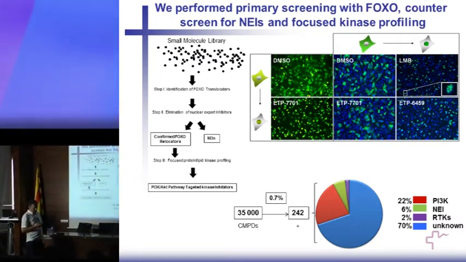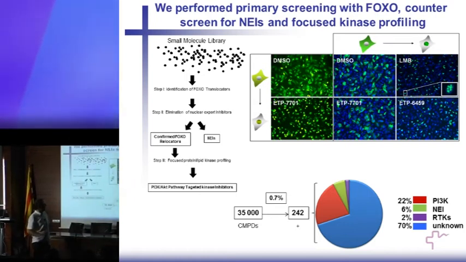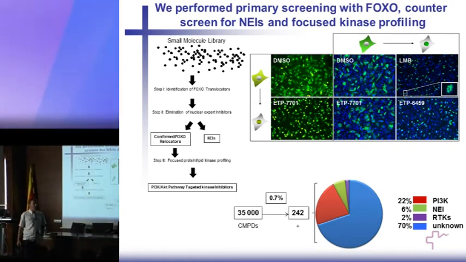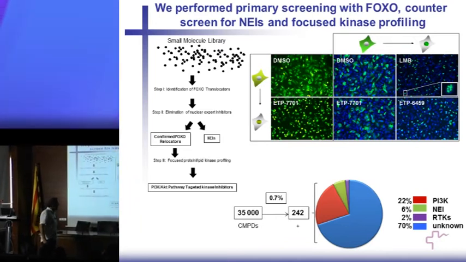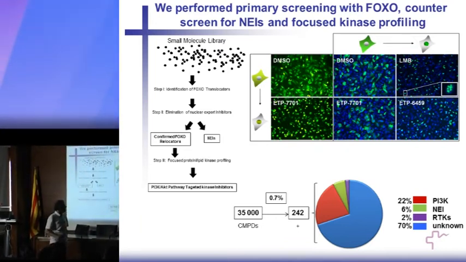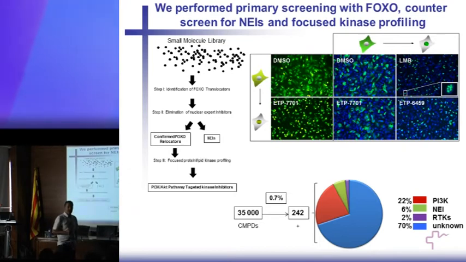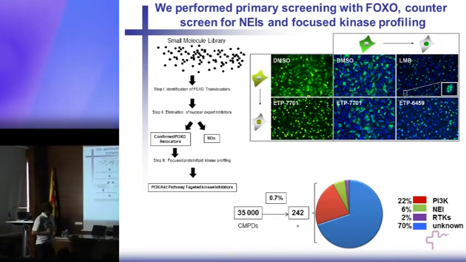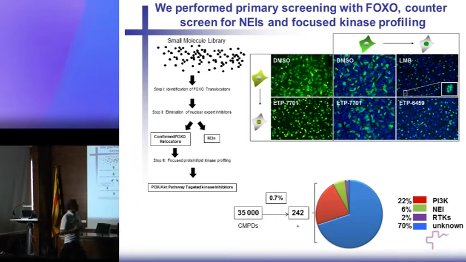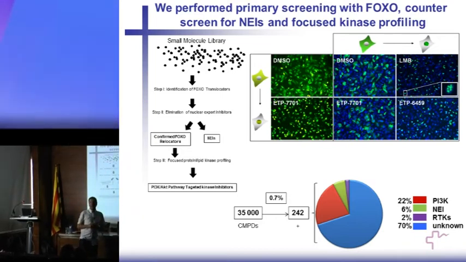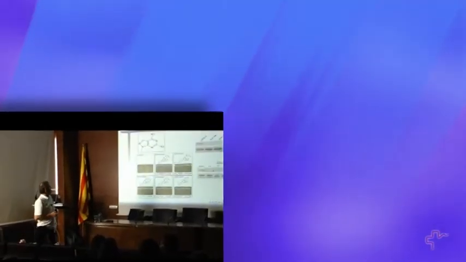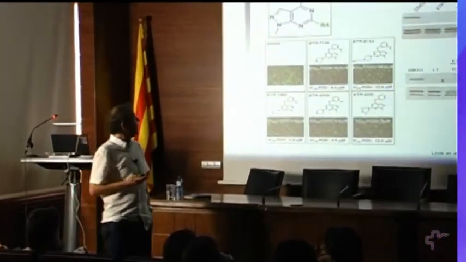This is about a 0.7% hit rate. And of these active compounds, 22% were PI3 kinase inhibitors, 6% nuclear export inhibitors, 2% receptor tyrosine kinase inhibitors, and for 70% of the compounds, the molecular target is still elusive, so there are still many things to discover. It's a gold mine to discover new modes of action and new compounds.